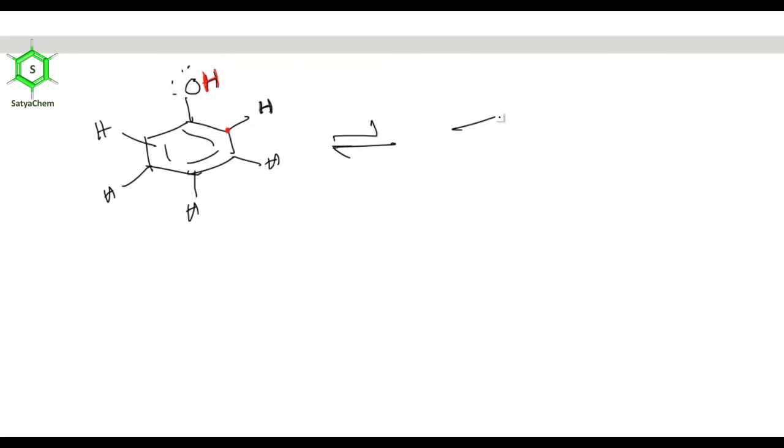This is the keto form. This is the transferred hydrogen. This is oxygen. So now there should be a double bond. Clear? This is the keto form.